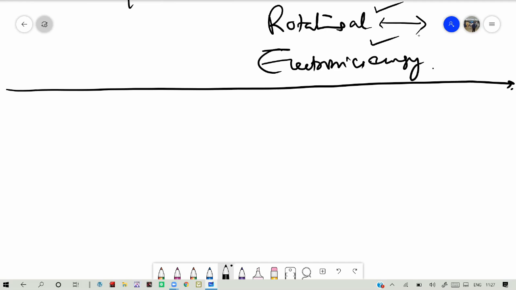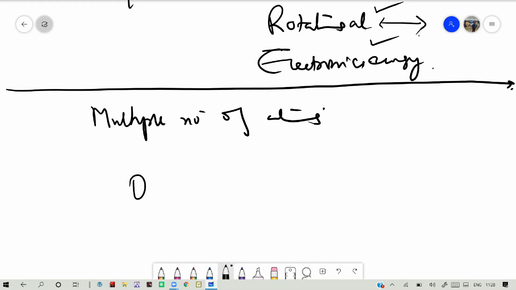So what I say is that when you have multiple number of atoms, more than two, then you have nuclei, you have electrons. Here I will show the nucleus.